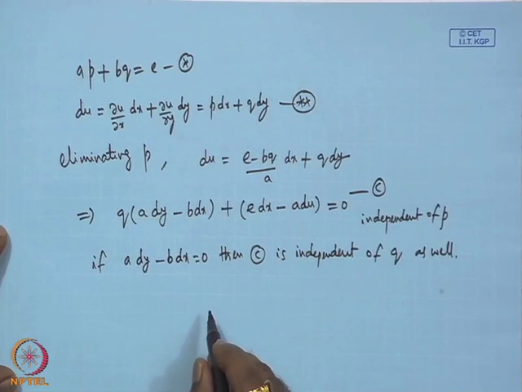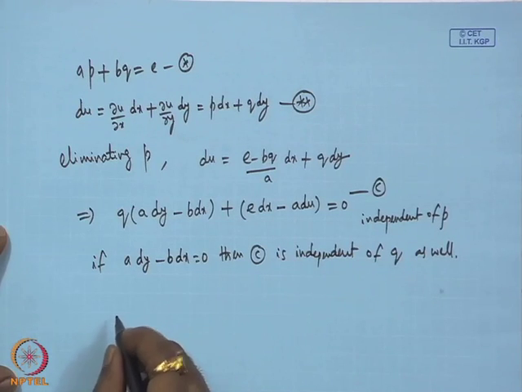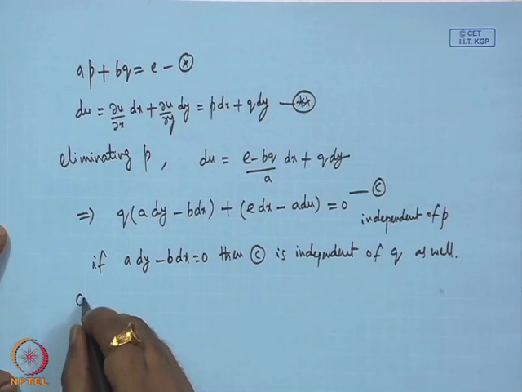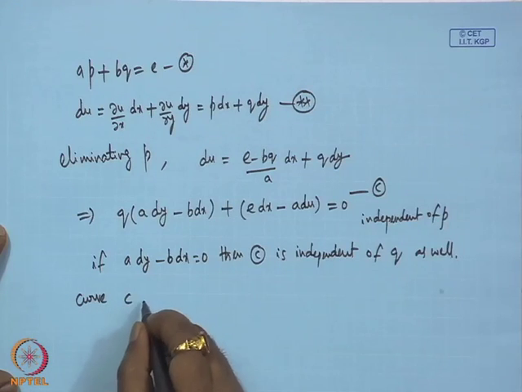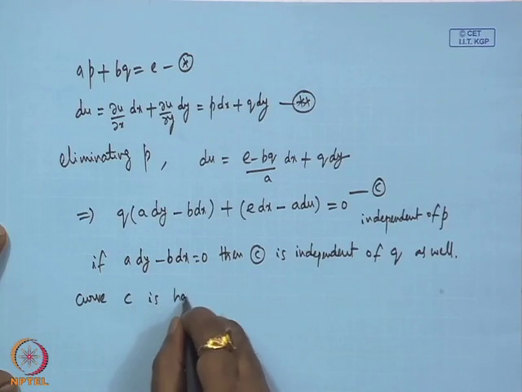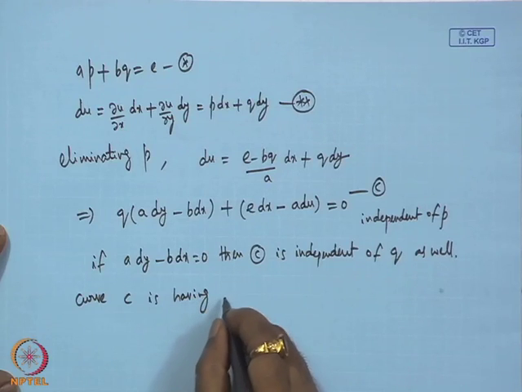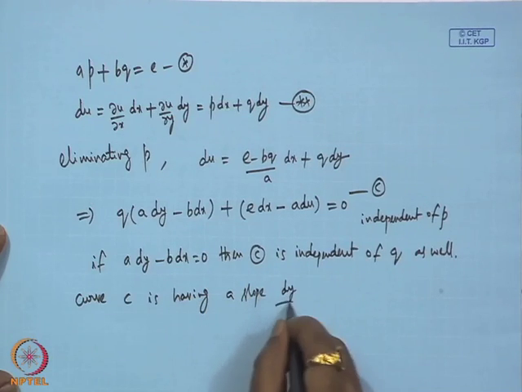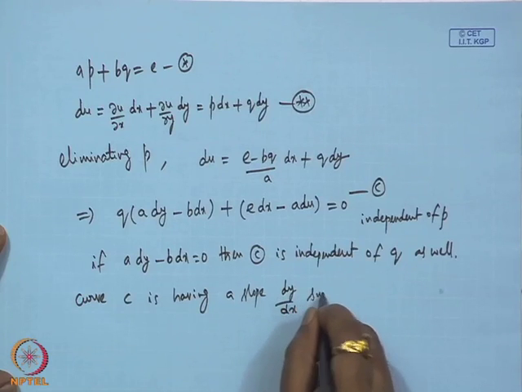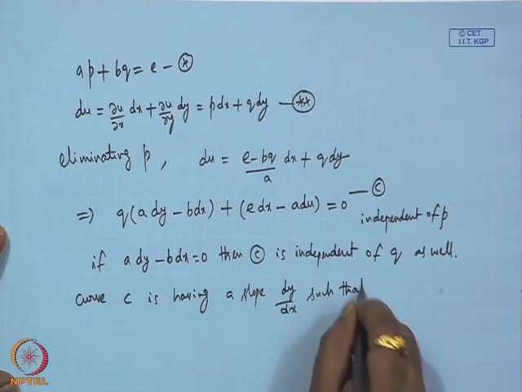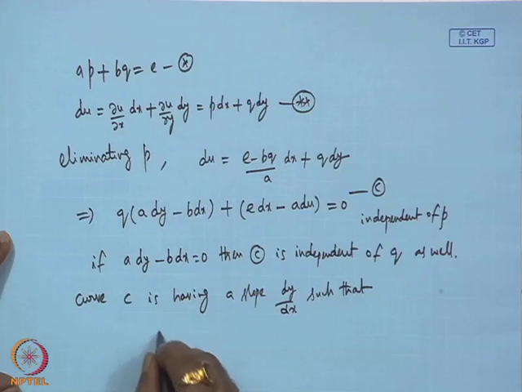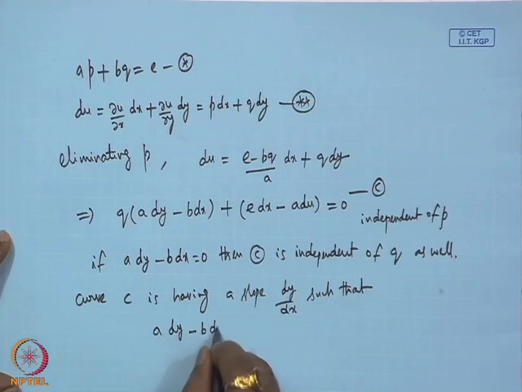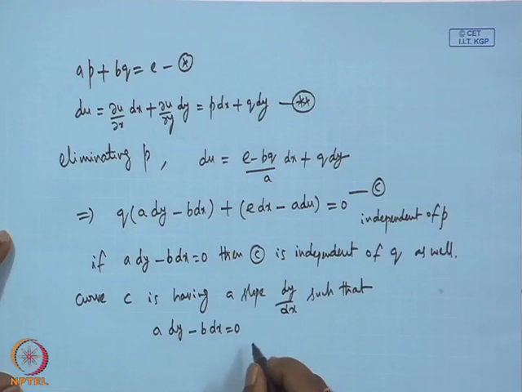So, therefore, the curve C is having a slope dy by dx such that A dy minus B dx is 0.